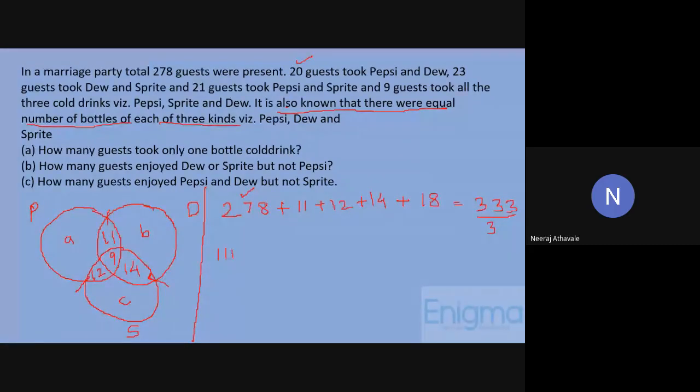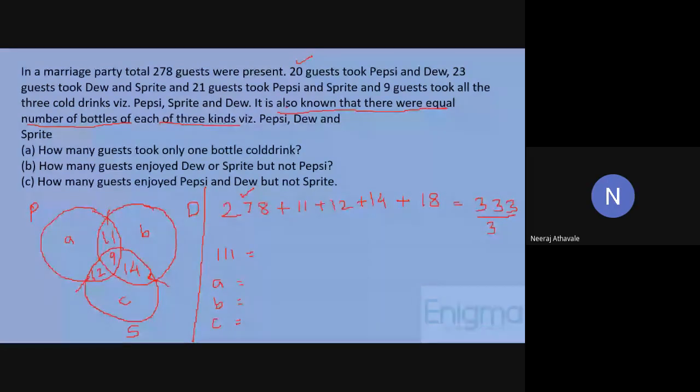So now you can easily find the values of A, B, and C. What would be the values? Find the values of A, B, and C. It's 79, 77, and 76.